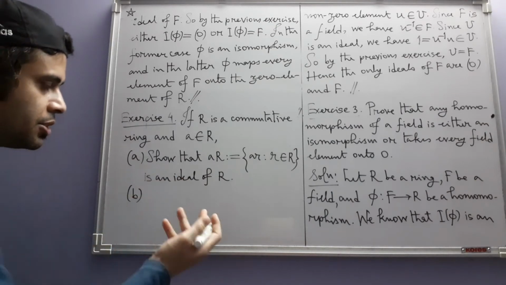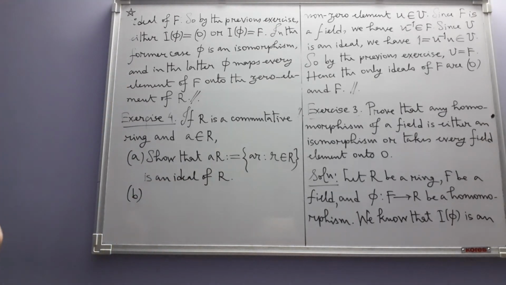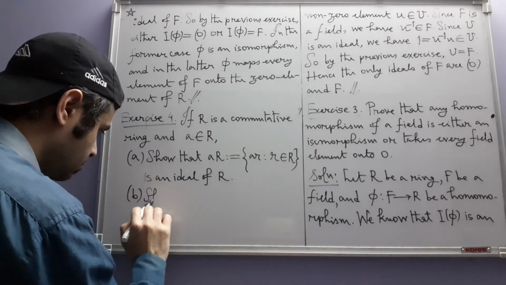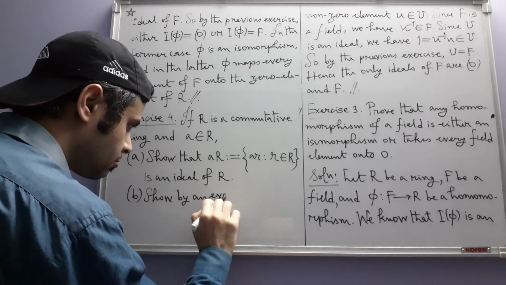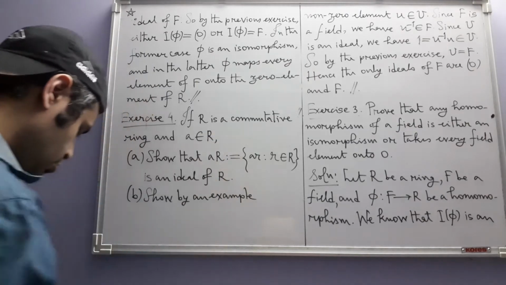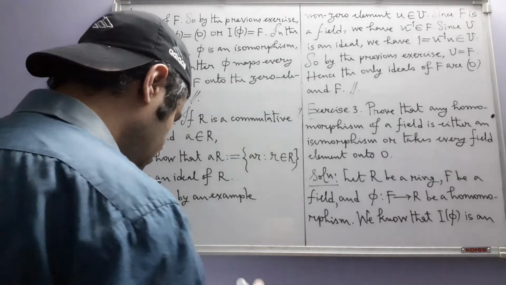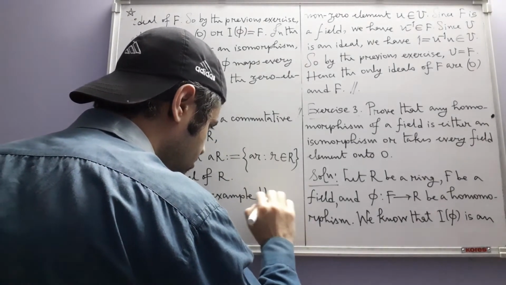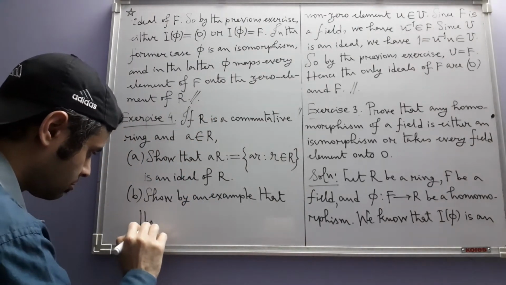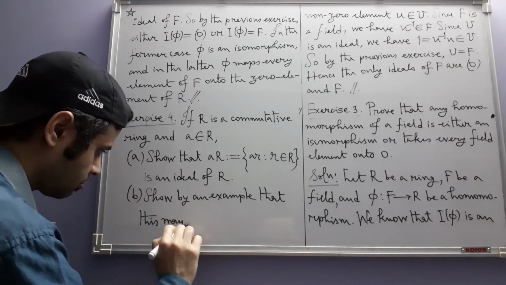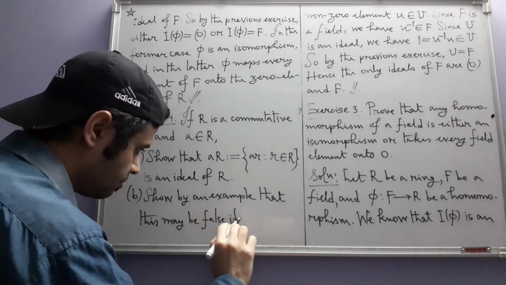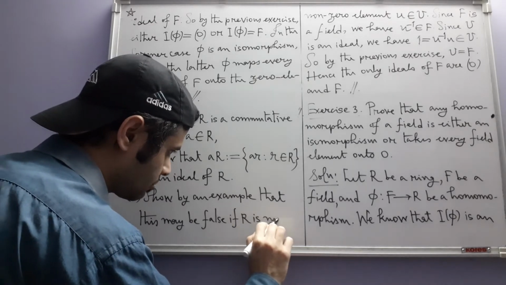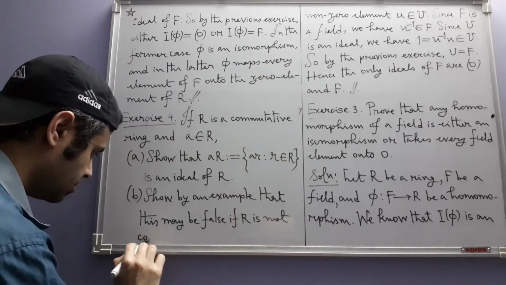But if the ring is not commutative, then things can go wrong.